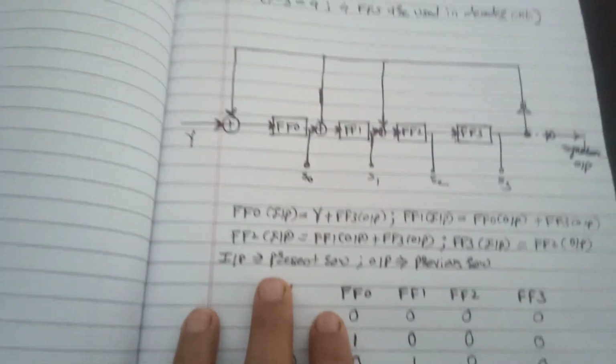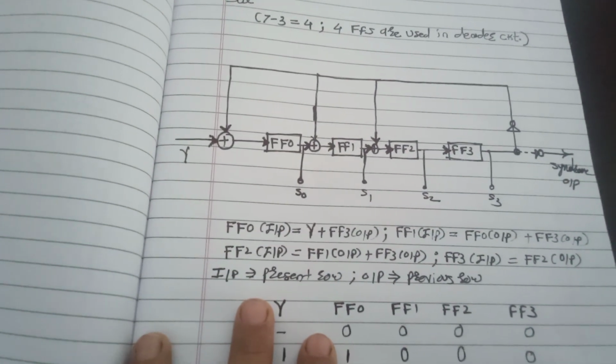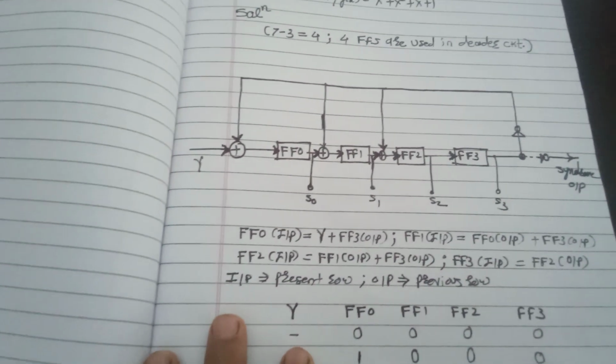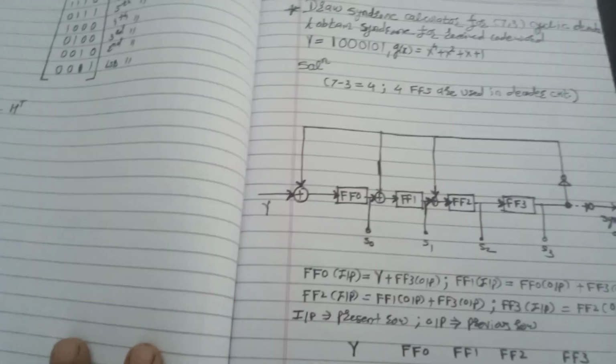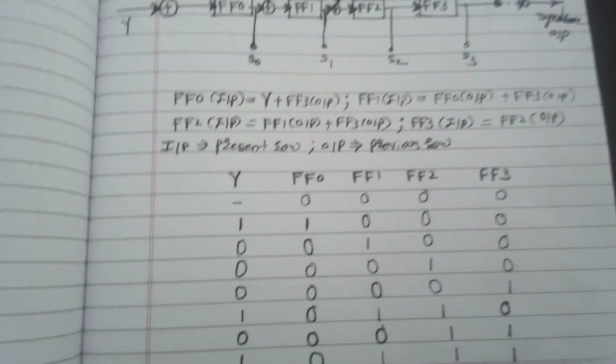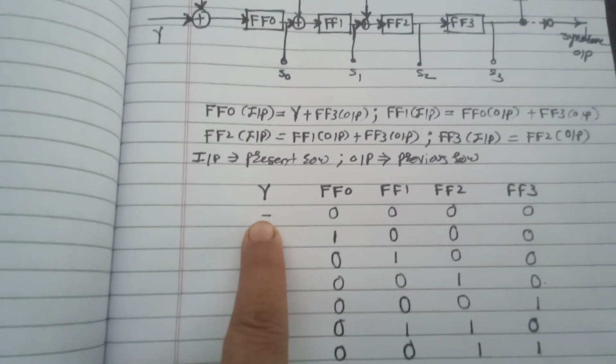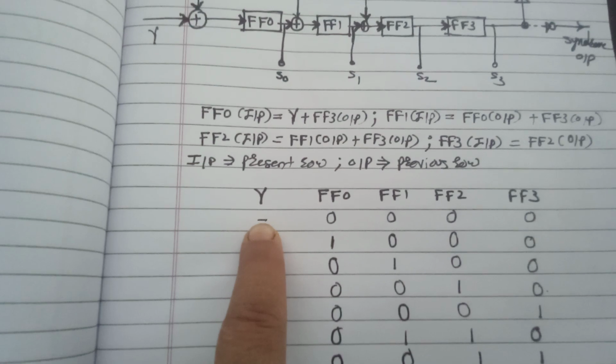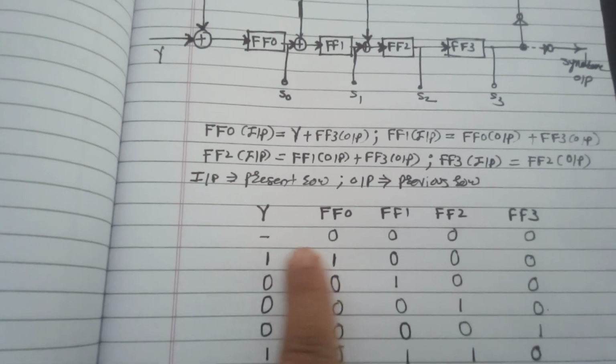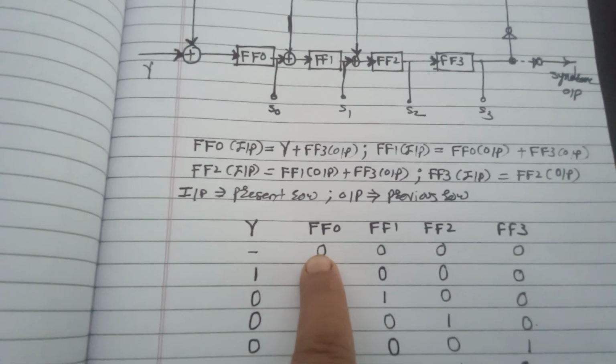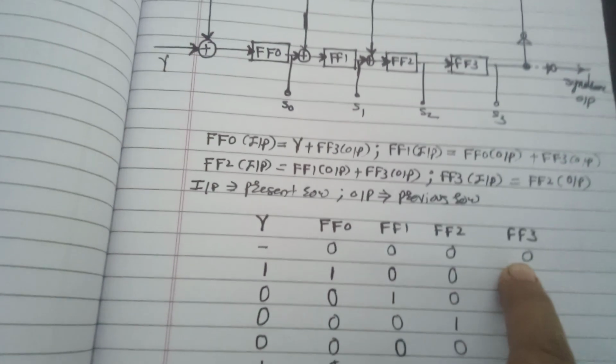After that we compute the inputs for each flip flop, which is the present row, and the outputs are from previous rows. As we already know, when y is not present, all the flip flop contents are 0.